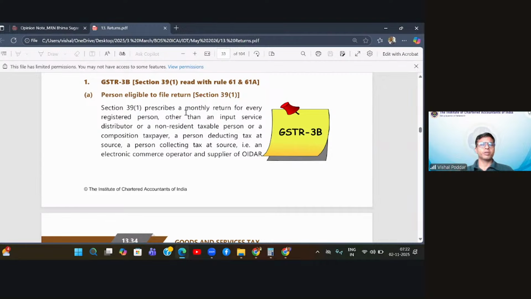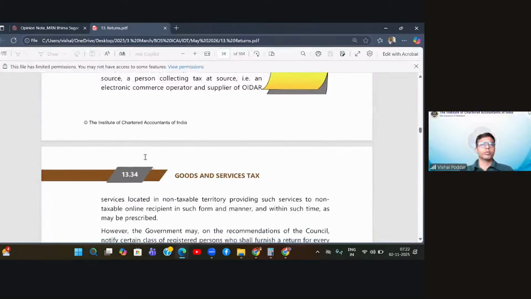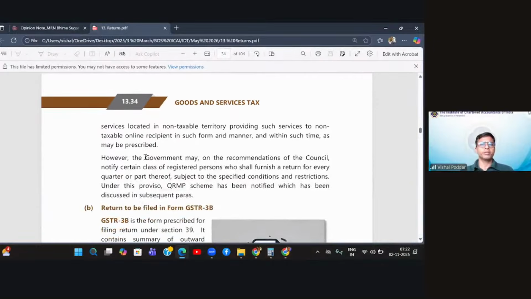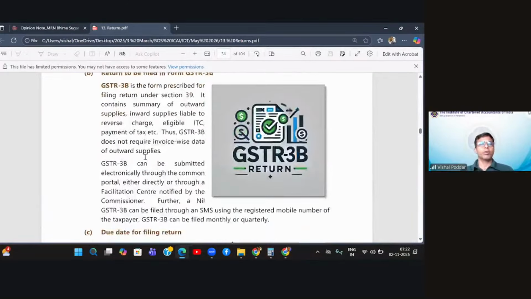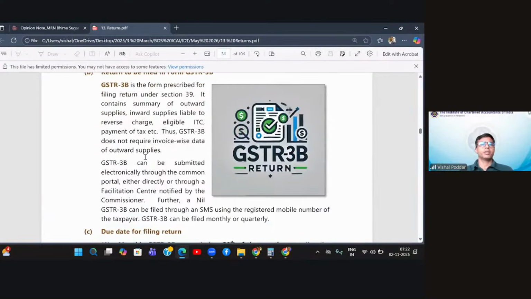So firstly, the basic rule is that they have given a monthly return for registered persons other than ISD, NRTP, composition dealer, TDS deductor, TCS collector. For all these, there are separate returns. Other than this, for all regular persons, the form for filing your returns is GSTR 3B.